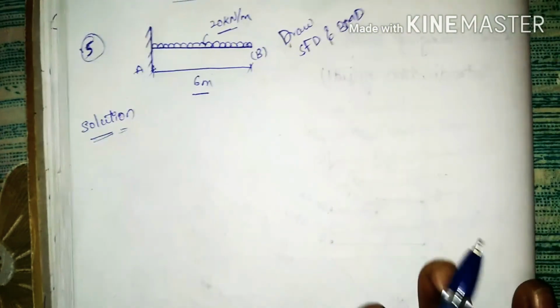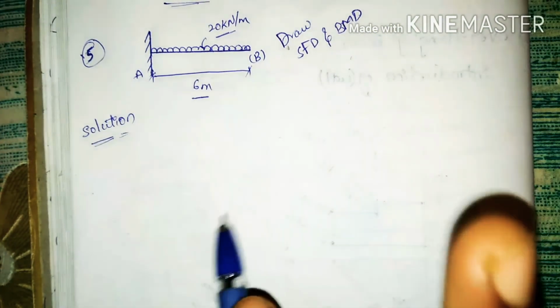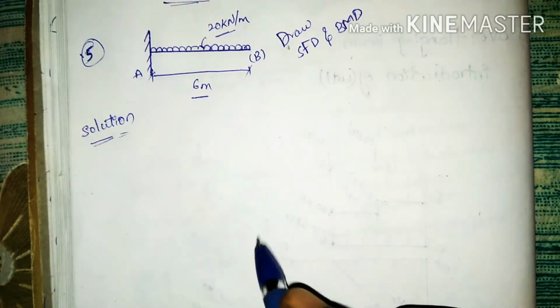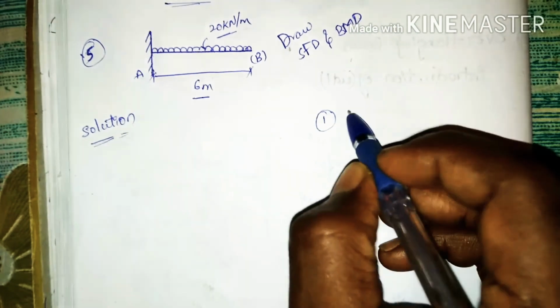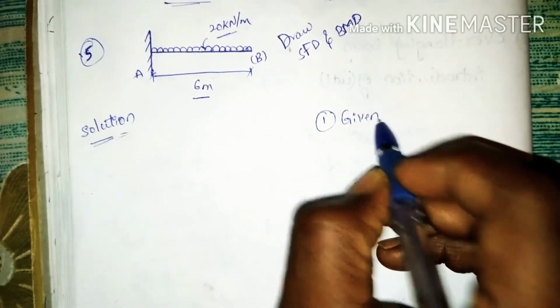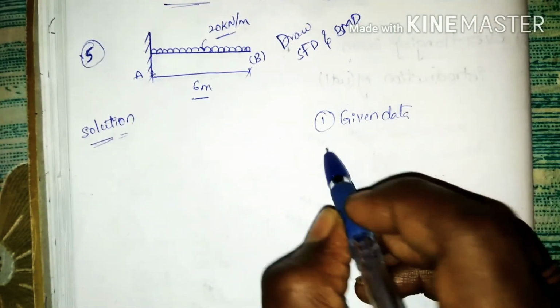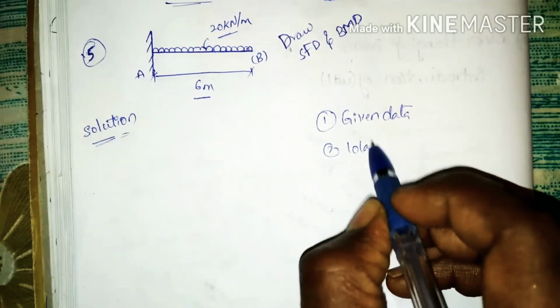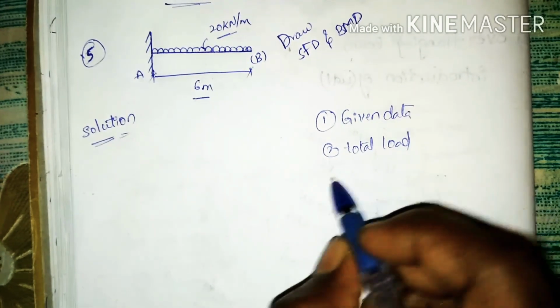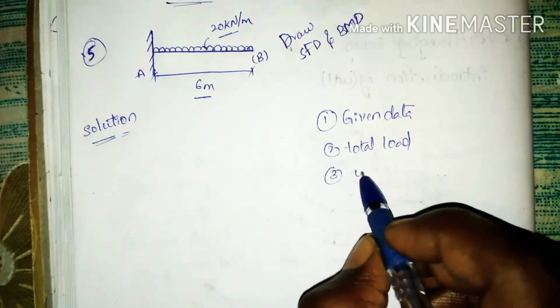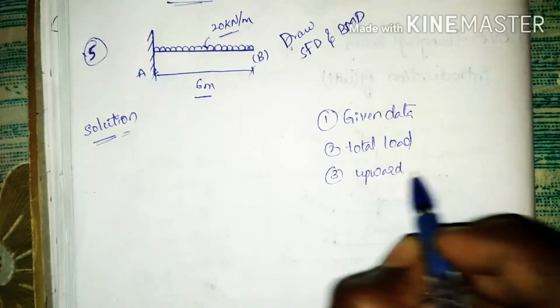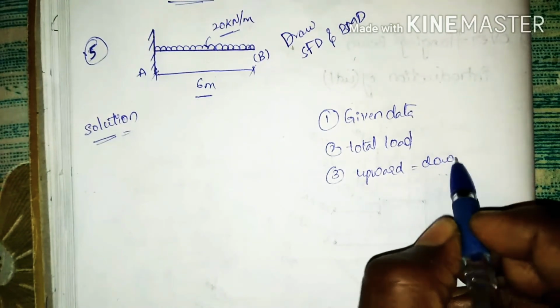According to our procedure, we have 5 steps to solve the shear force and bending moment diagram. Number 1, given data. Number 2, total load. Number 3, equating upward reactions to downward reactions or downward loads.